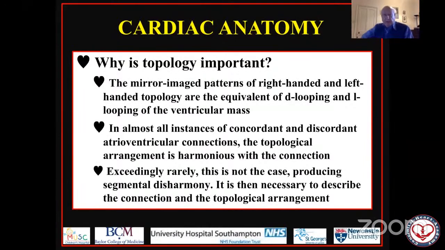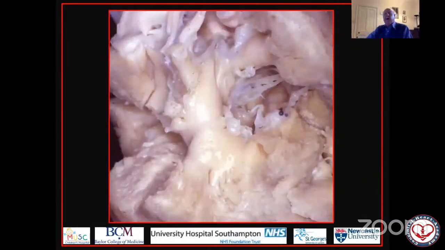So I'll show you a very rare example of disharmony between the atrioventricular connection and the ventricular topology. Now, it's a little difficult to know what's going on here, for unfortunately, I no longer have this heart available. All I have is this picture that was taken a long time ago. But that is the inlet to the morphologically right ventricle.